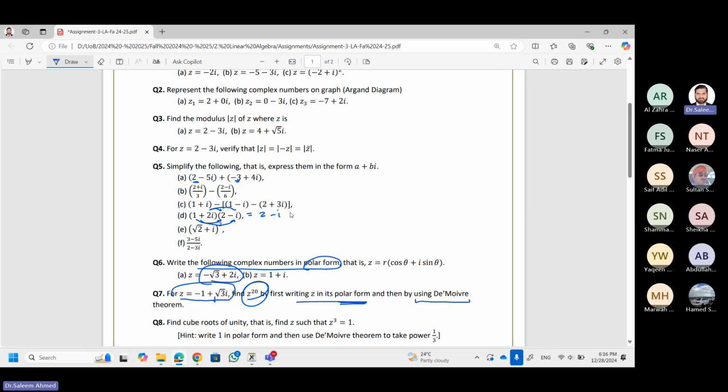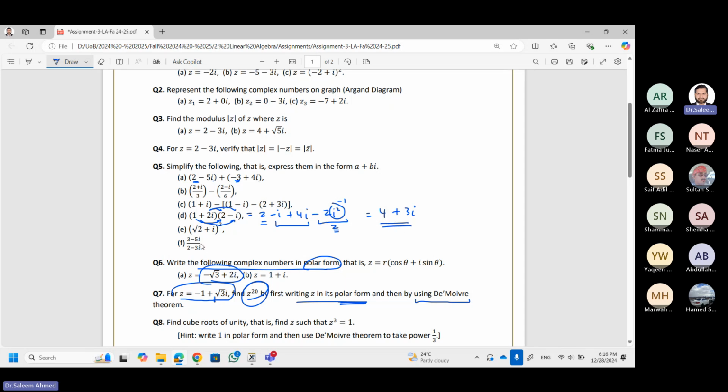Then 2 iota with 2 becomes 4 iota, and 2 iota with minus iota becomes minus 2 iota square. Now iota square is minus 1, so this becomes plus 2. So 2 plus 2 becomes 4, and minus iota plus 4 iota becomes plus 3 iota. Whenever you multiply two numbers, you again get a complex number, x plus iota y.